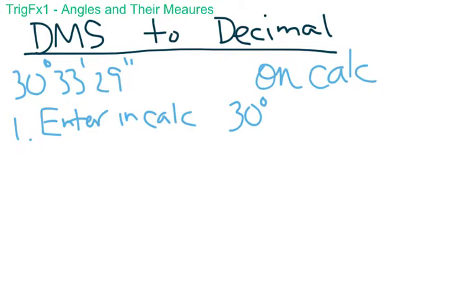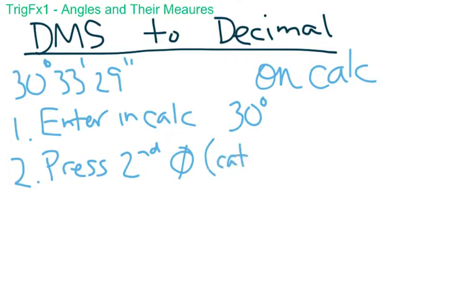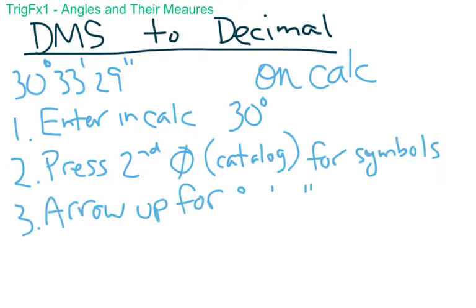To do the degree measurement, on the main screen, we're going to press second zero for the catalog. And instead of going down, what we want to do is go up. So type in 30, press second 0, which is the catalog, and arrow up.